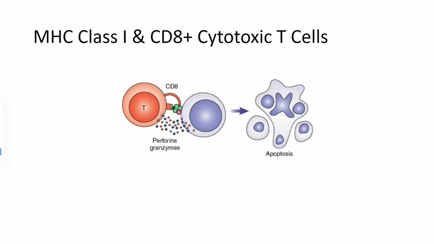But your cells don't want to be virus-producing factories. So when that virus is inside, your cell is going to very carefully attach an immunogenic component, an immunogen part of the virus, to a special arm called MHC class 1.